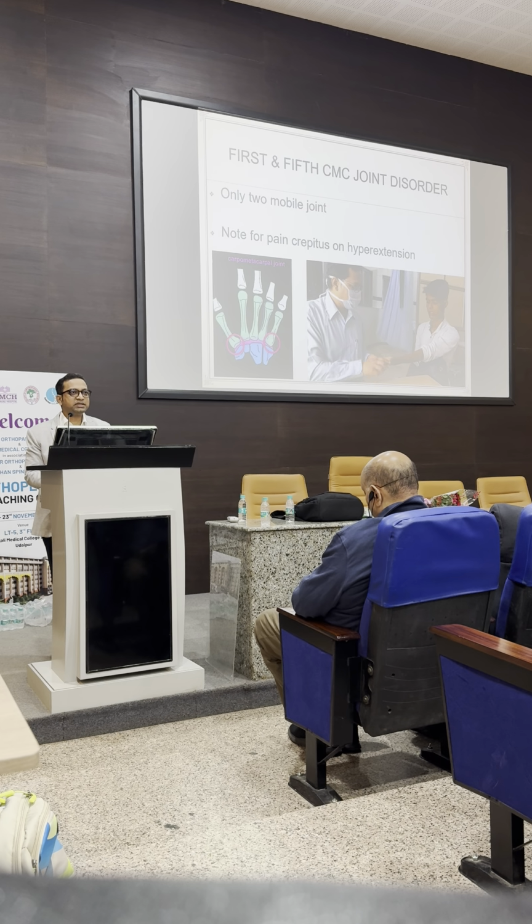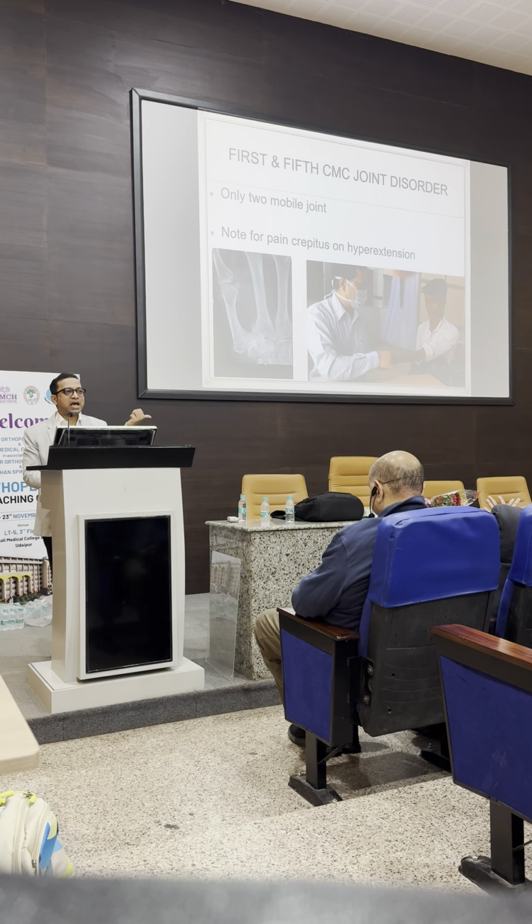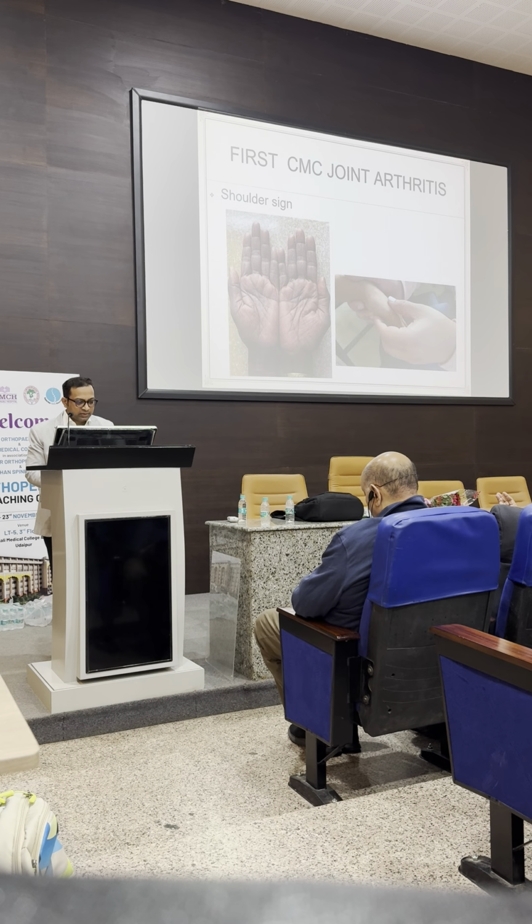See how much pain he is getting just with hyperextension of the thumb, and the reason is he has post-traumatic arthritis of the first CMC joint, a malunited, neglected Bennett's fracture. This is what I was talking about, degenerative osteoarthritis of the first carpometacarpal joint.